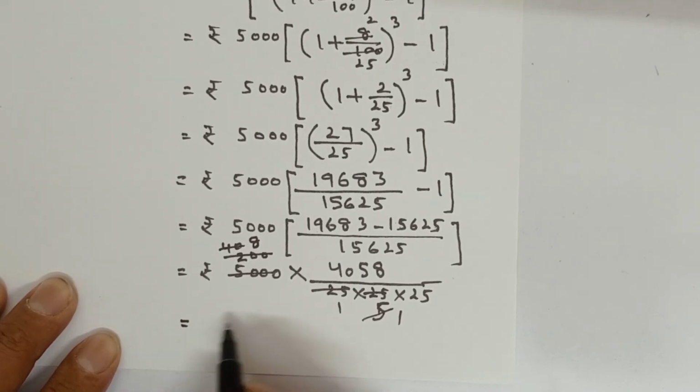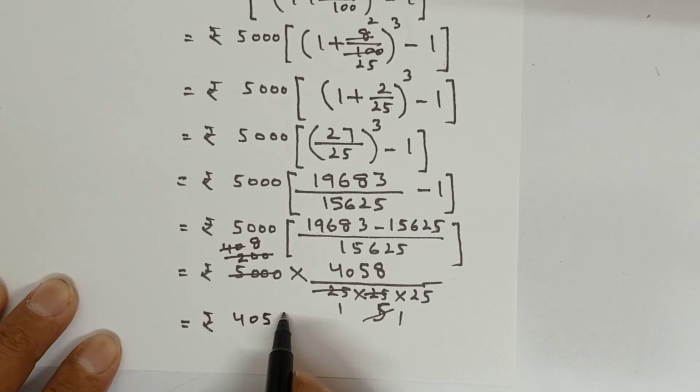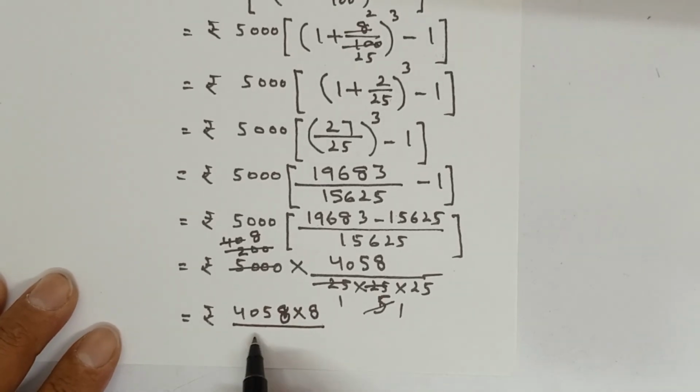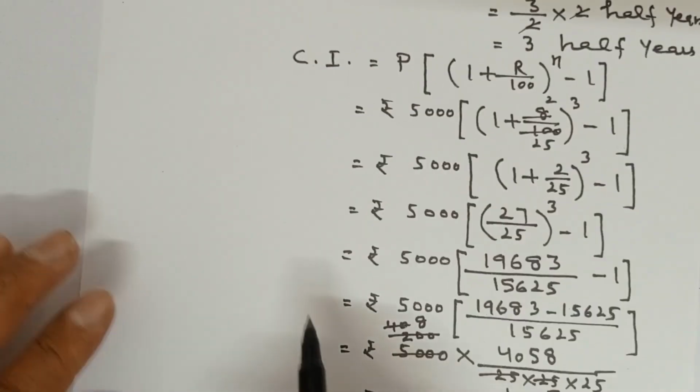So it is 4058 into 8 upon 25. So we will calculate it.